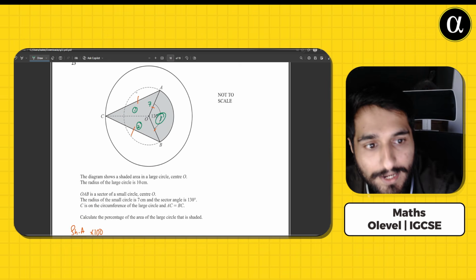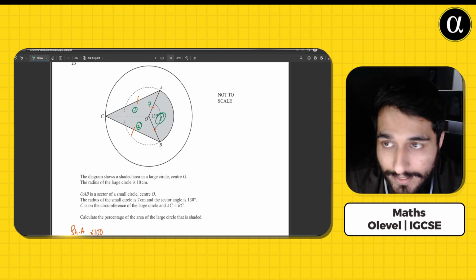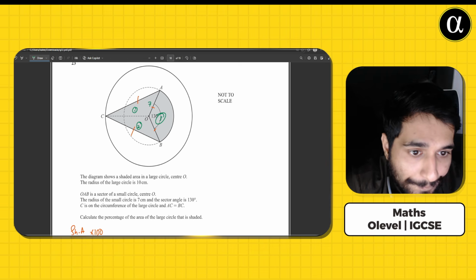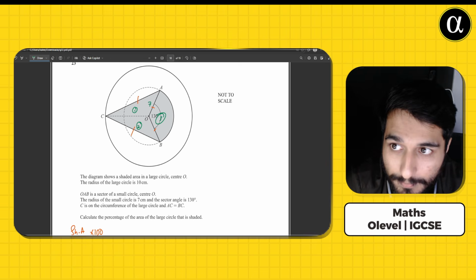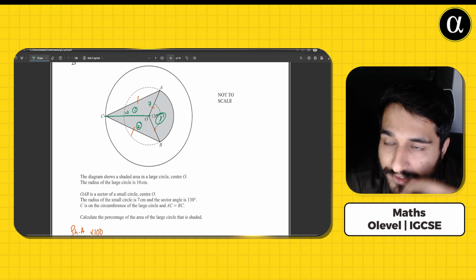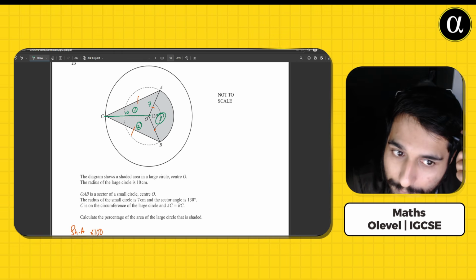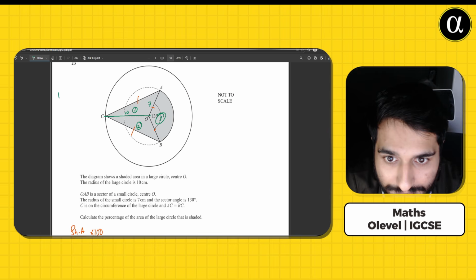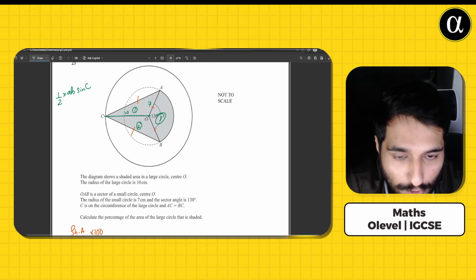How do you find the two triangles? We know that this is not a right angle triangle, and hence we might have to apply some rules of trigonometry. We know that this is the radius of the larger circle, which was 10, and this is the other length, 7. Now, if this is a non-right angle triangle, I will probably need half AB sine C as the formula to find the area of one such triangle.